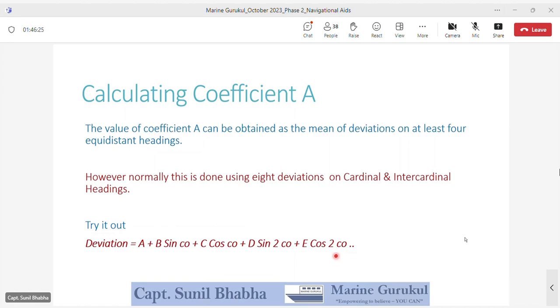So in this formula, if you put the cos as 0 and get the result, then second time you put the value as 90, third time you put the value as 180, fourth time you put the value of cos as 270. Now once you get the answers and you take a mean, you will see that all the other coefficients B, C, D and E will get cancelled out. The only coefficient which will remain is coefficient A.